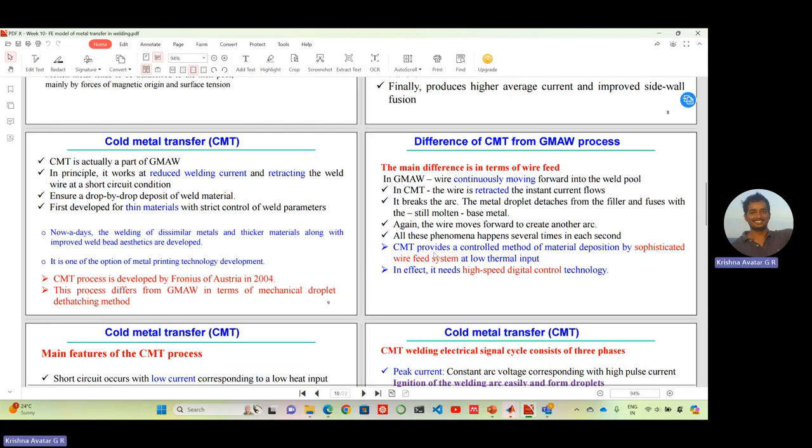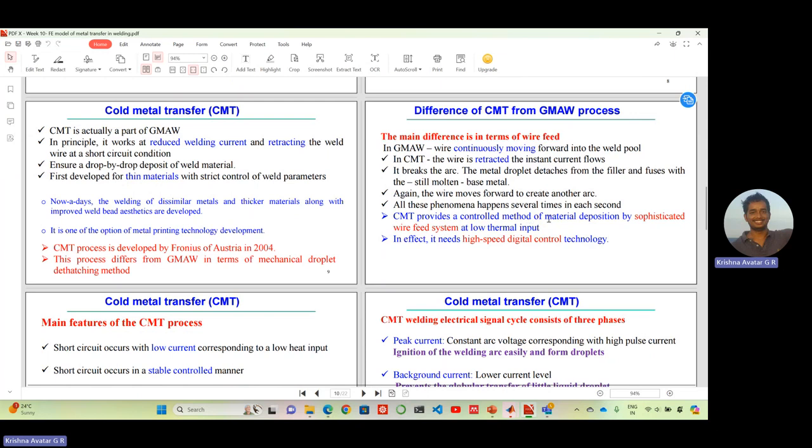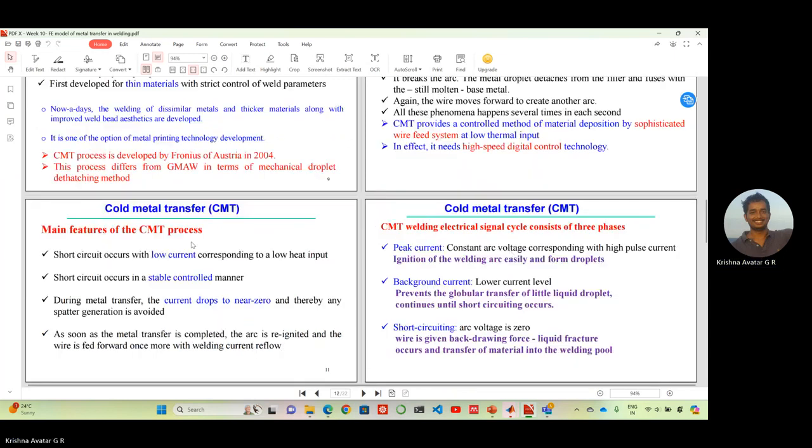So CMT provides a controlled method of material deposition by a sophisticated wire feed system at low thermal input. In effect, it needs high-speed digital control technology, right? The main features of the CMT process are: short circuit occurs with low current, contributing to low heat input.